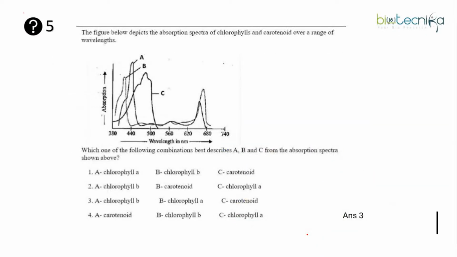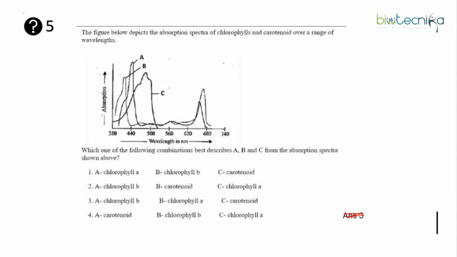Okay, now moving on to question number 5. The last question. So they have given you a figure here. The figure below depicts the absorption spectra of chlorophylls and carotenoids over a range of wavelengths.